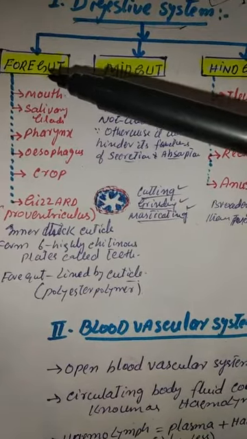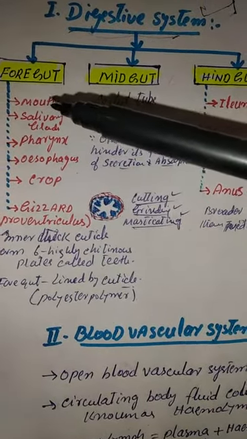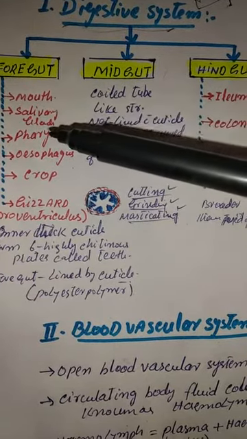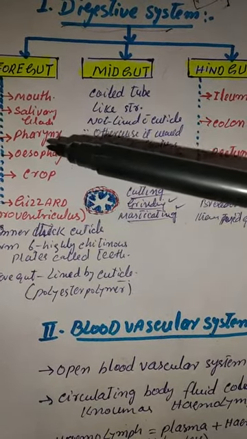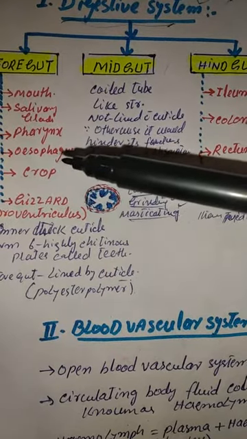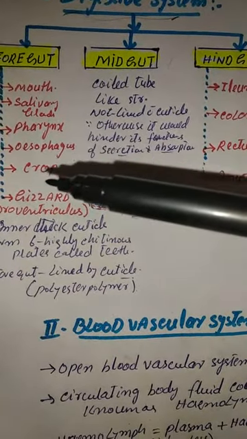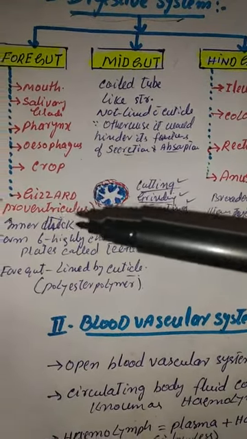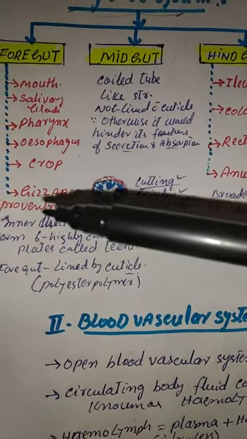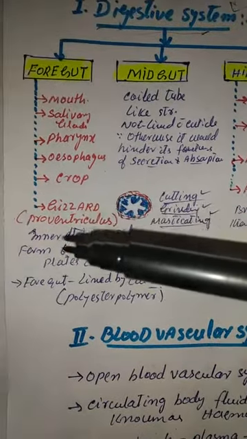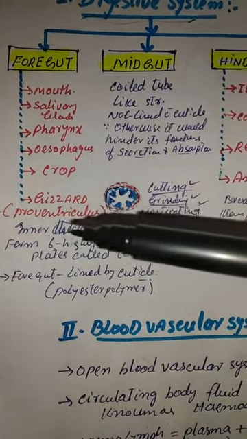The foregut consists of different parts such as mouth, salivary glands, pharynx, esophagus. After esophagus there is crop and another organ, a very special organ in cockroach digestive system, that is the gizzard, which is also known as proventriculus.